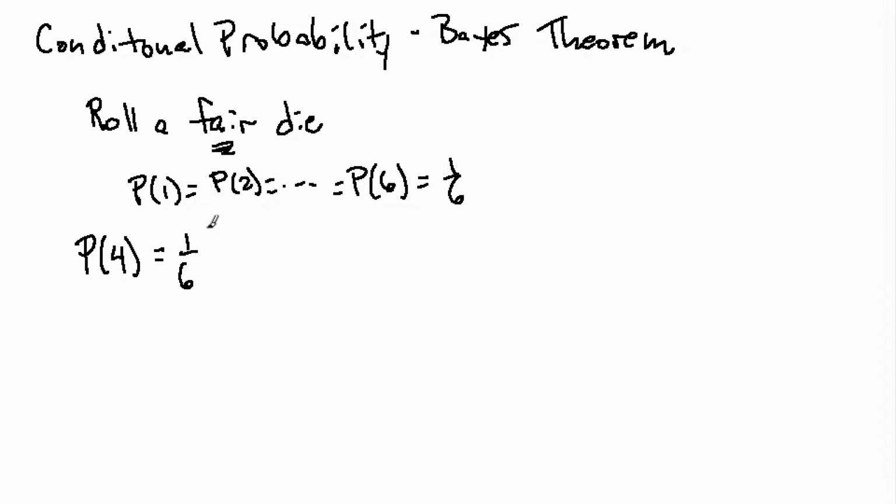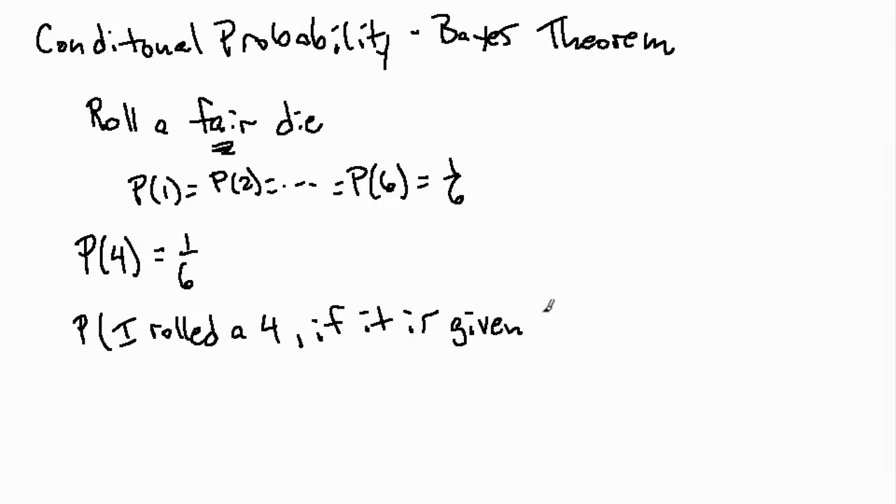But now let me give you a little more information. Suppose I were to ask you the following. What is the probability that I rolled a 4 if it is given I rolled an even number?